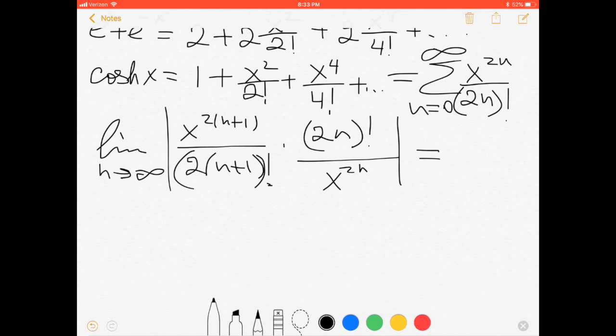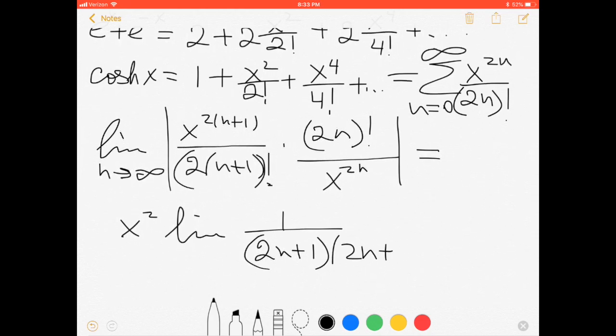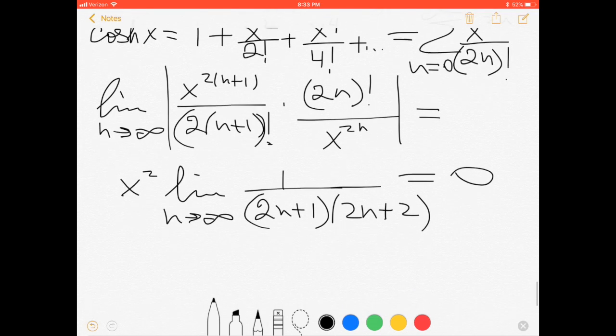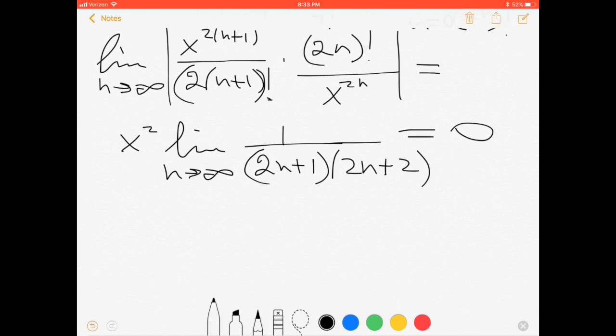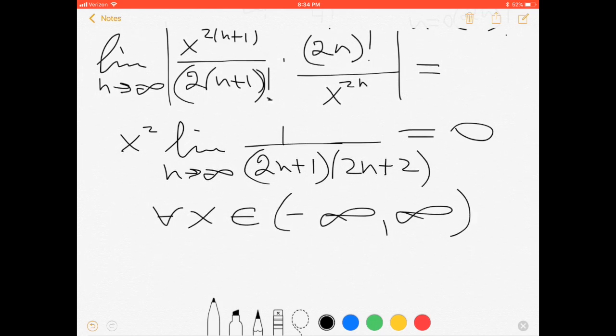Okay, we have x squared times the limit. Here we have 1 over (2n plus 1) times (2n plus 2), as n approaches infinity. This limit equals 0. This means our series converges for all x, or for any x from the interval negative infinity to infinity.